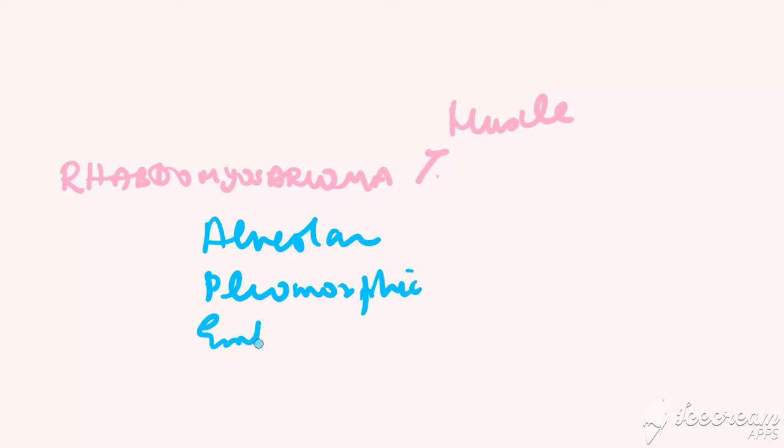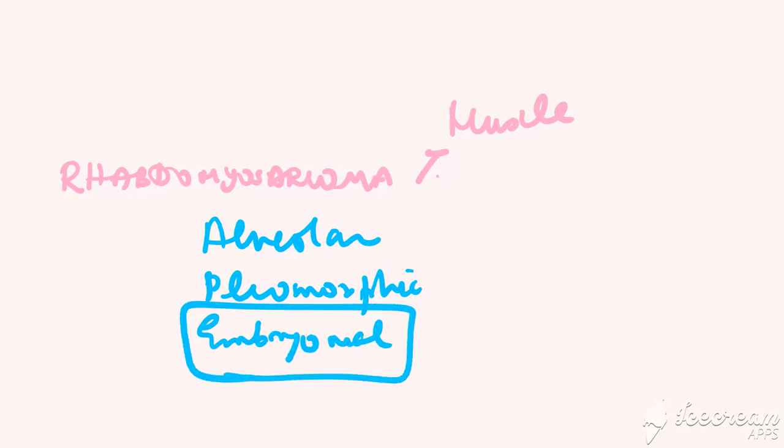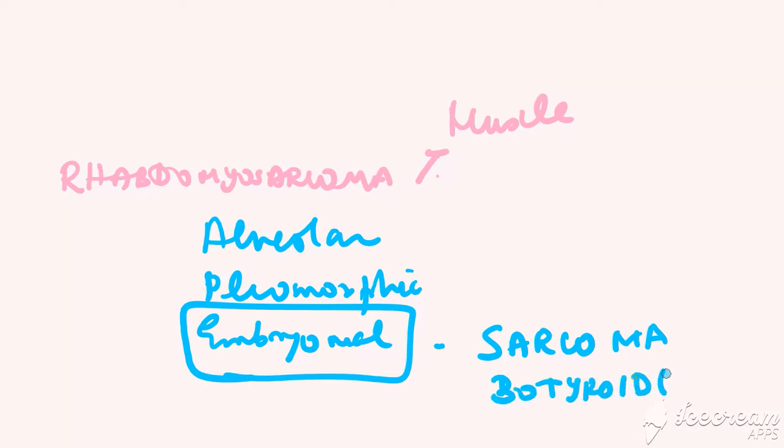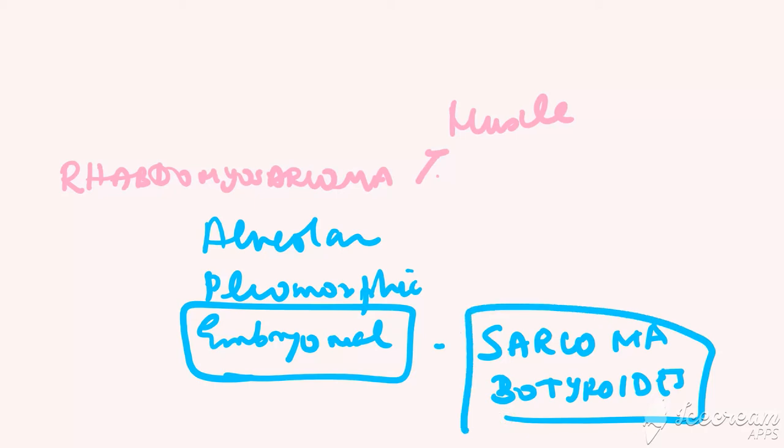Here you have different types: one is called alveolar type, then pleomorphic, then embryonal. Especially the embryonal type of rhabdomyosarcoma occurs in the mucosa, and usually protrudes through the vagina as a polypoid mass. Because they protrude like these polypoid masses, they are called sarcoma botryoides. Sarcoma botryoides is nothing but embryonal rhabdomyosarcoma which produces grape-like vesicles.